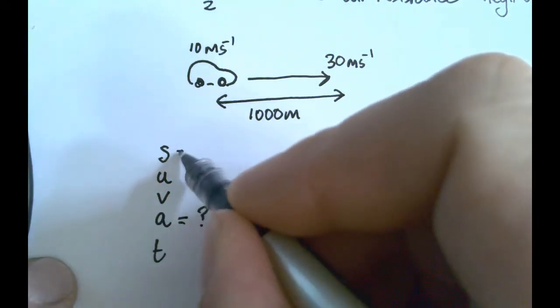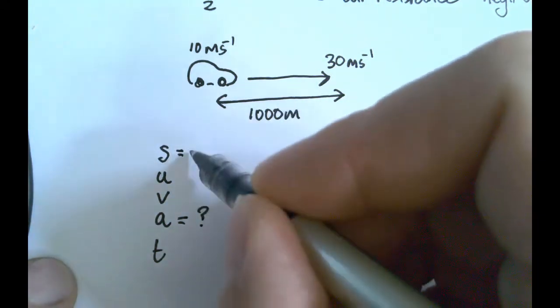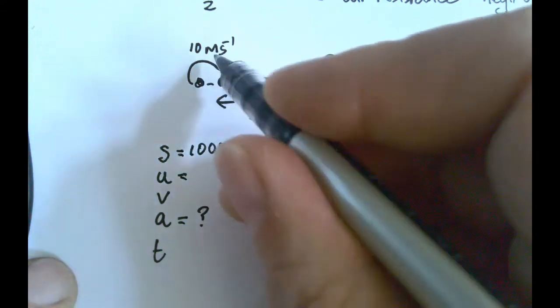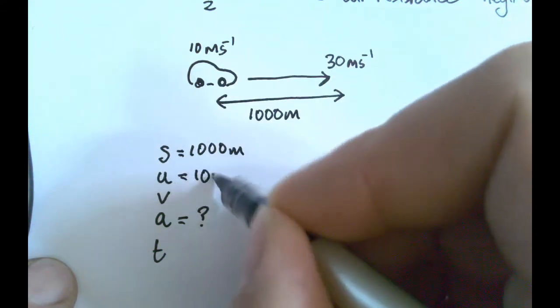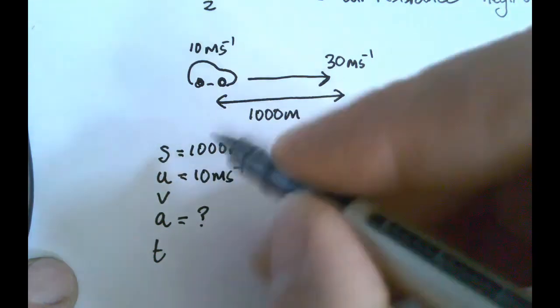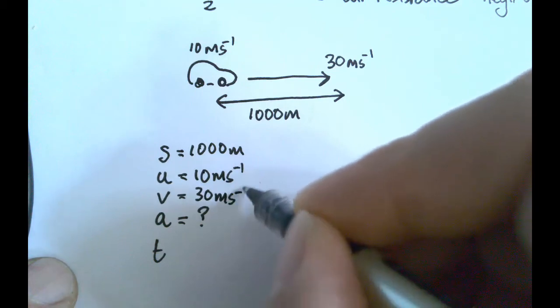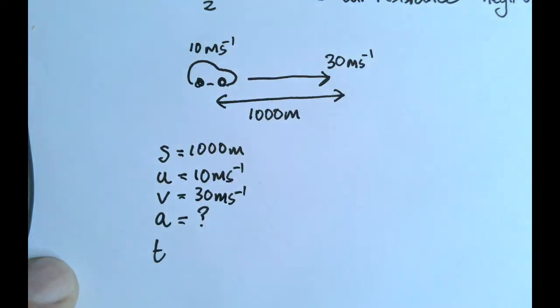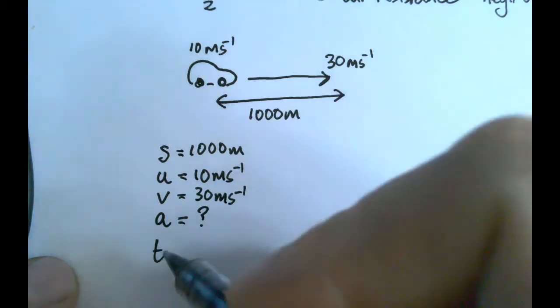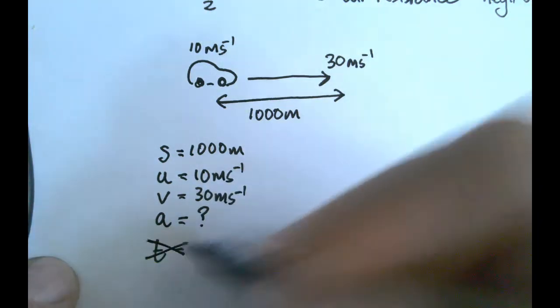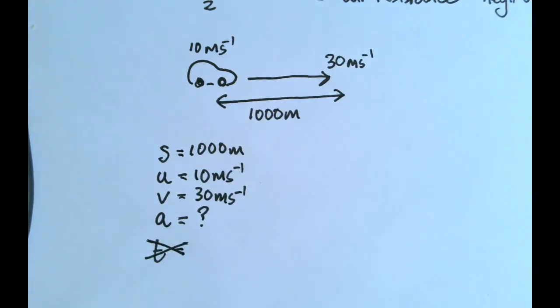Well, it took 1,000 meters, so I'm going to write 1,000 here. The initial velocity, 10 meters per second, and the final velocity, 30 meters per second. It doesn't mention the time. So I would just maybe put a cross through the time.